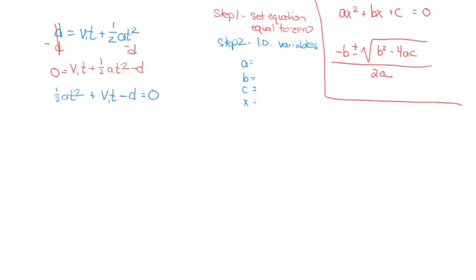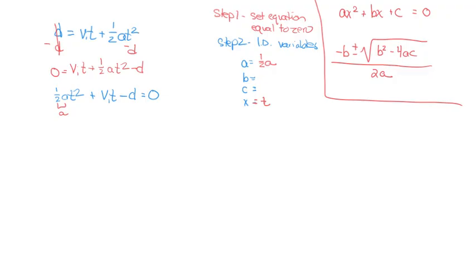So the ax squared, when we rearrange this here, the t's are x's, so I can write that down right now. And the a is the thing that goes with the x squared. So the thing that is the t squared is 1/2 a. So this here is our a, 1/2 a.